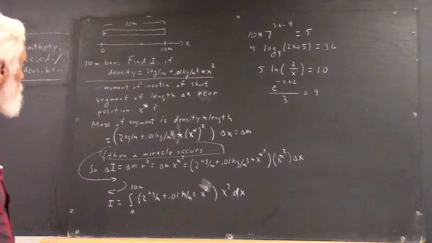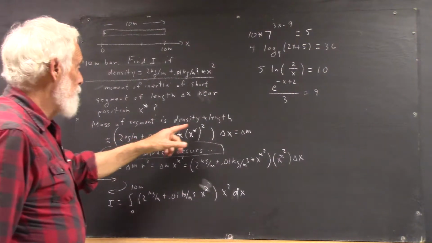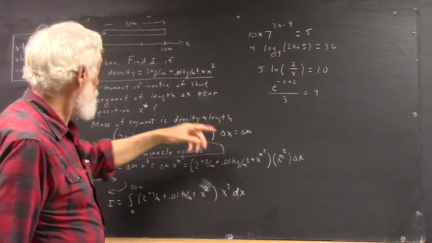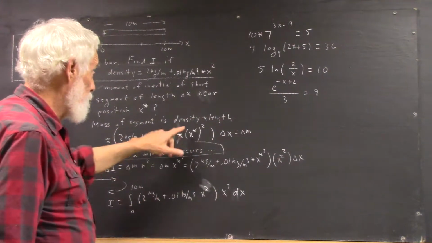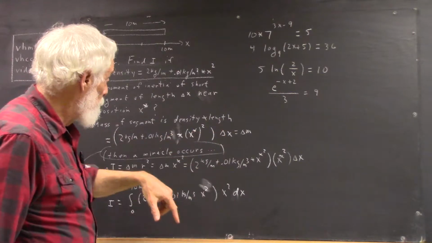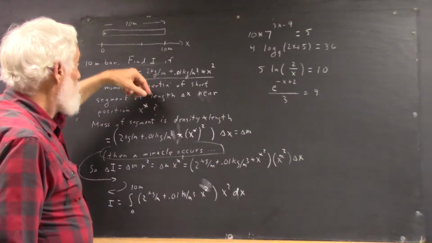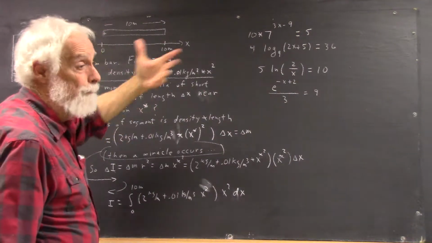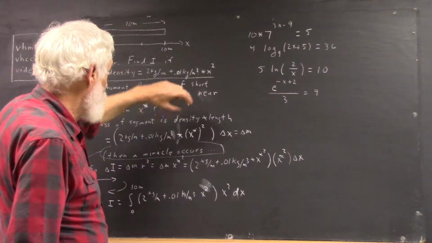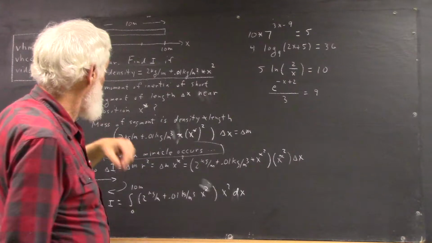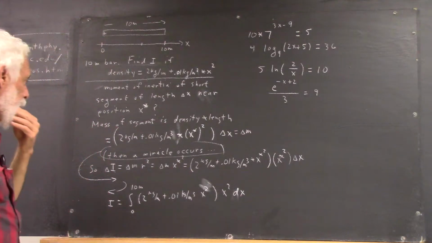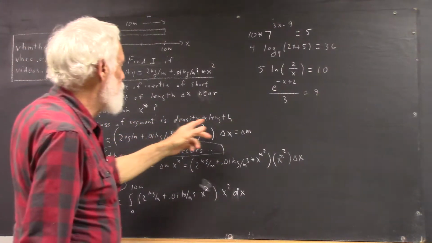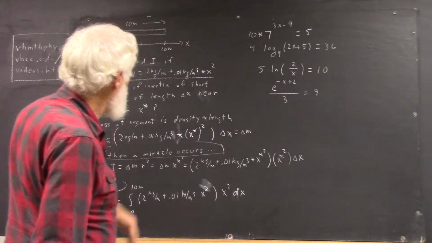So, the mass of the segment is what? Density times length. I didn't write that definition down, but that should be clear from the example: 2.49 kilograms per meter times a tenth of a meter, 0.249 kilograms. That was a density times a length. So mass of the segment is density times length. What's the density?